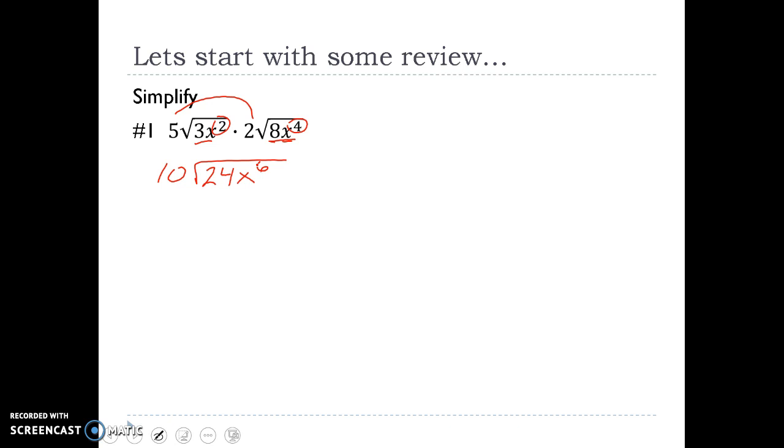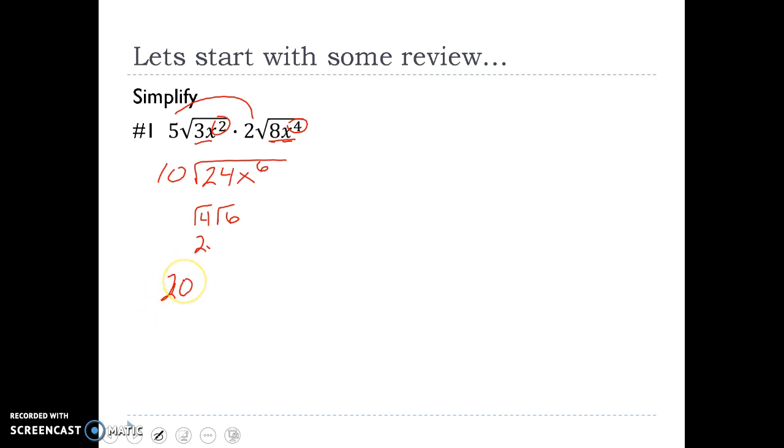But then, there's a good chance that I can simplify this. Is there a perfect square that goes into 24? And so there is. I can take the square root of 24 and write it as the square root of 4 times the square root of 6. The square root of 4 I know is 2. And so that means that if I have the square root of 4, I can just write it as 2. 10 times 2 I know is 20.